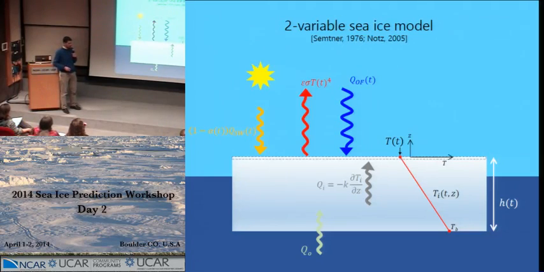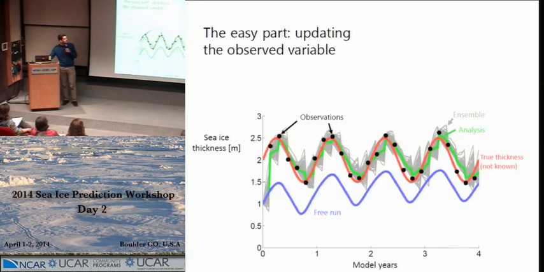Now we can suppose that we have observations of sea ice thickness, and we want to assimilate sea ice thickness in this 2 variable model. And this is the result. So we have time here, we have sea ice thickness here. The blue curve is the reference model without any data assimilation.